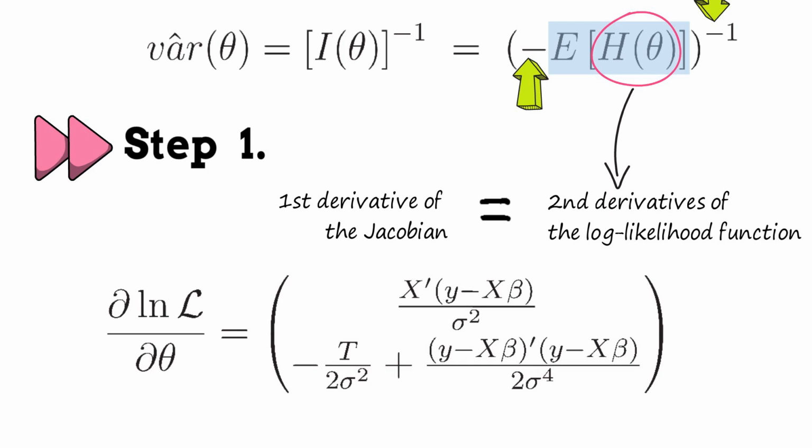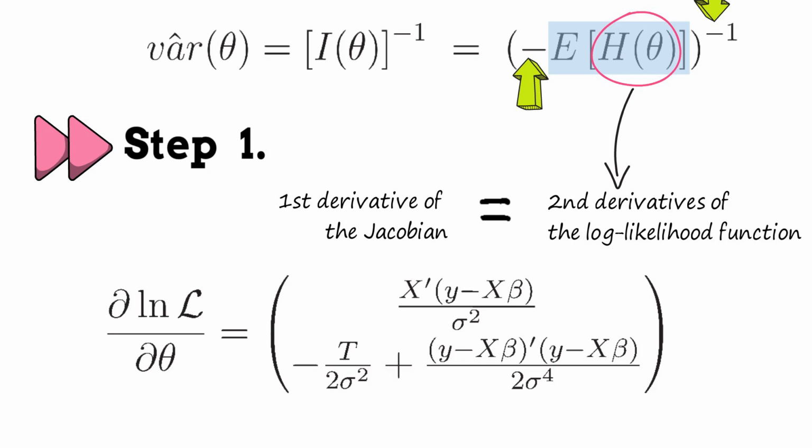But to give some background information, the first entry gives you the gradient, the partial derivative of the log likelihood function with regard to beta, and the second element gives you the partial derivative of the log likelihood function with regard to sigma square.